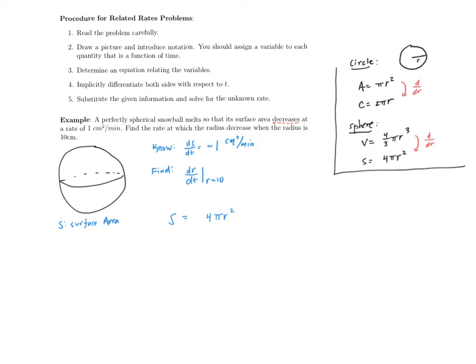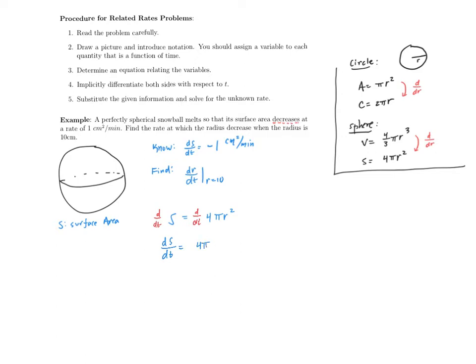Since we have this relationship between the surface area and the radius, we are now in this ideal scenario to differentiate implicitly. And when we differentiate implicitly, on the left-hand side, we have ds dt, and on the right-hand side, working across, 4 pi is a constant.